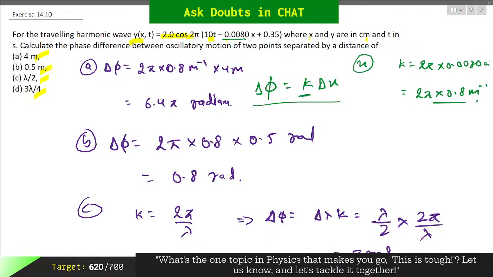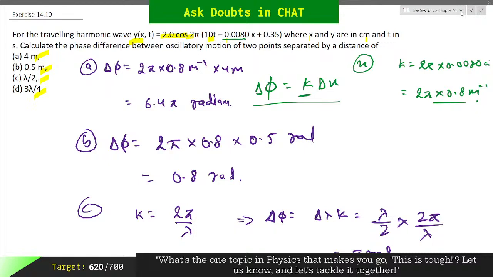We know that when the separation distance is given, phase difference is calculated by multiplying the wave number with the distance of separation. So here in the first option, the distance of separation is given as 4 meter, and we also know the value of k, that is 0.008. When we multiply it with that, we will get the phase difference. Using this formula, we can easily calculate this value.